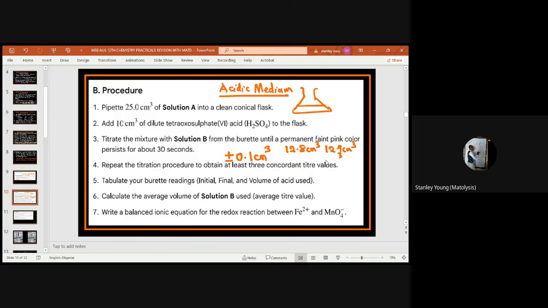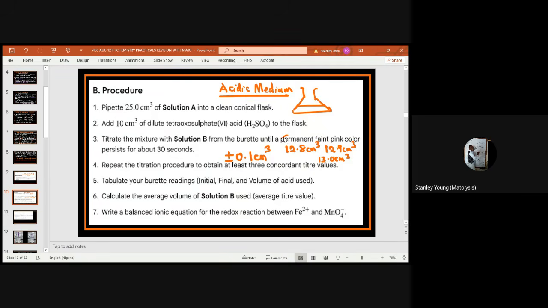But say among them I have something like 13.10 cm³. 12.8 is still concordant with 12.9, but no longer concordant with 13.0. And 12.9 itself is concordant with 13.0.